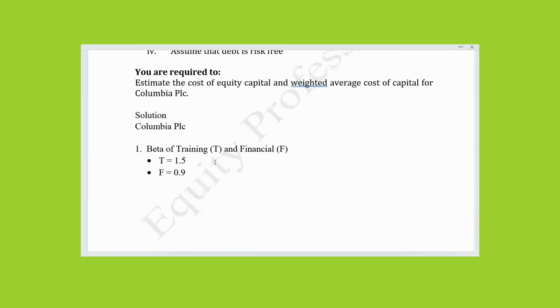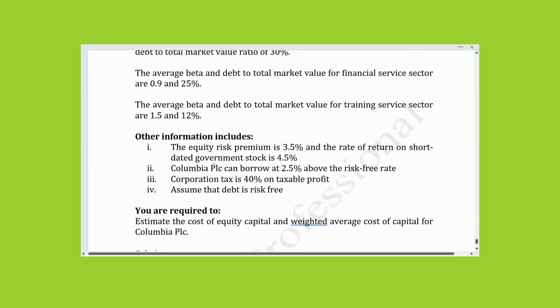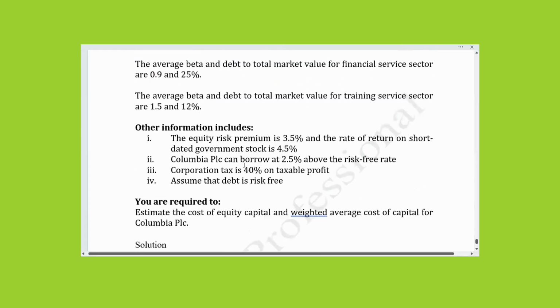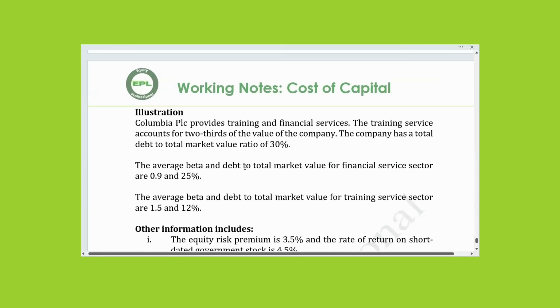So I will go to the question to know if there is debt in each of the activities. From step 1 to step 5, you need information about each of the activities. From step 6 to step 7, you need information about the company. Therefore, I want to know whether the beta of training and financial services are geared. They will be geared if each of the activities has debt.